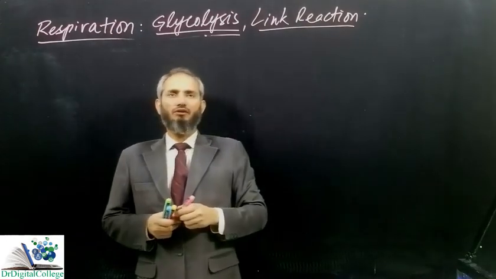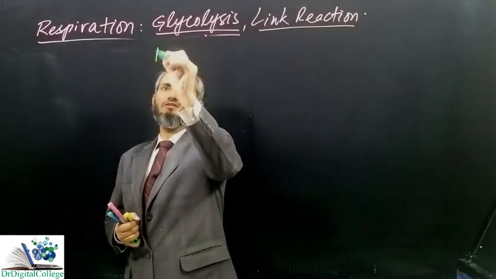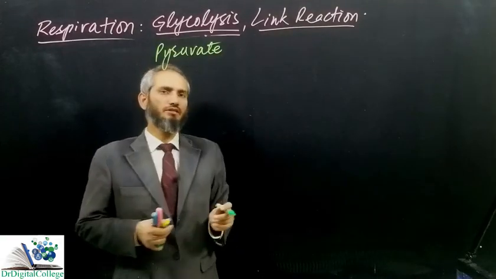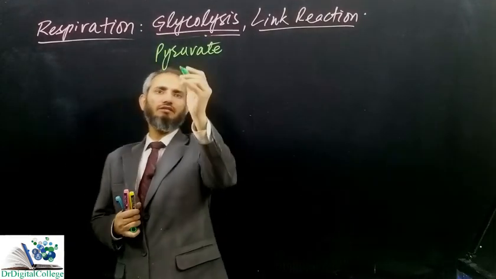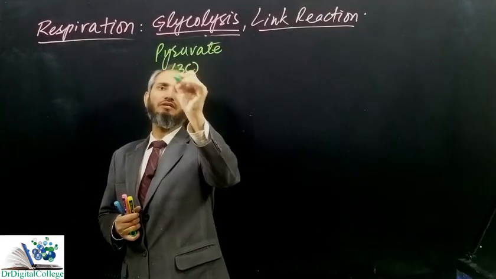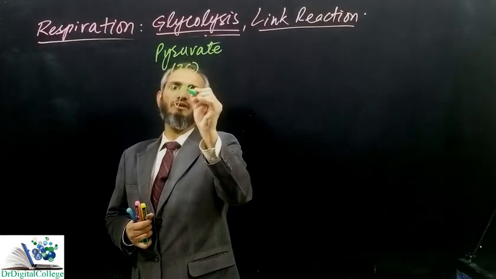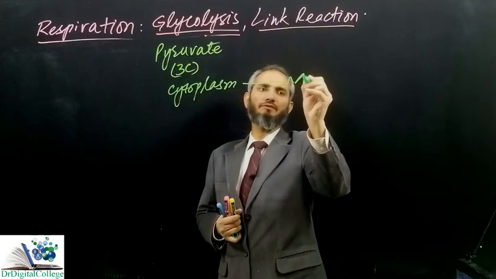The product of glycolysis, as we have already studied, is pyruvate, along with some other products of energy. Pyruvate is a 3-carbon compound, and now pyruvate is moved from cytoplasm into mitochondria.